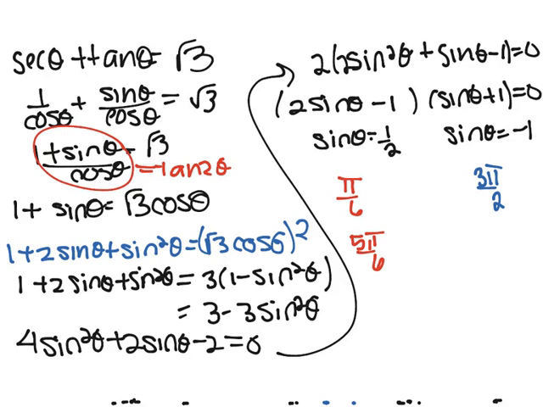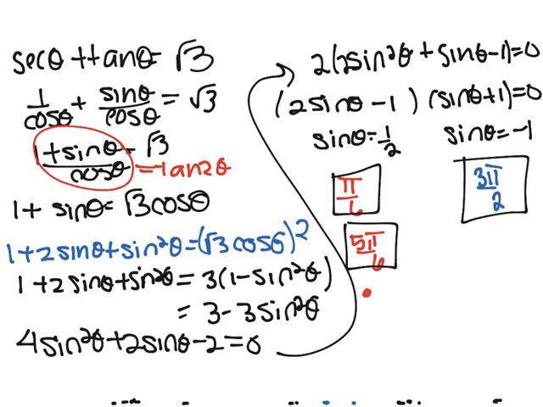So you're going to plug in all those solutions to the original formula. Okay, so we're going to plug in pi over 6 to the original, not the one with sines and cosines, but the one with secant. And make sure that that will give you root 3.